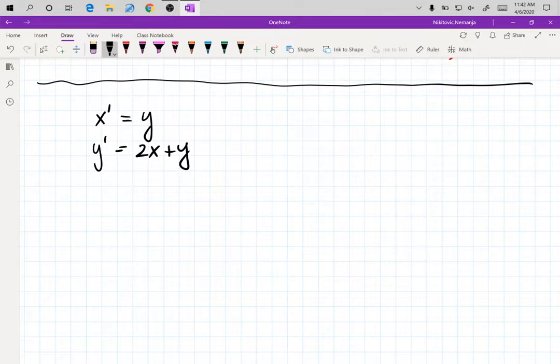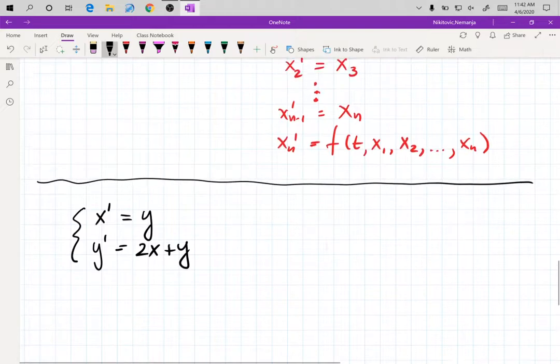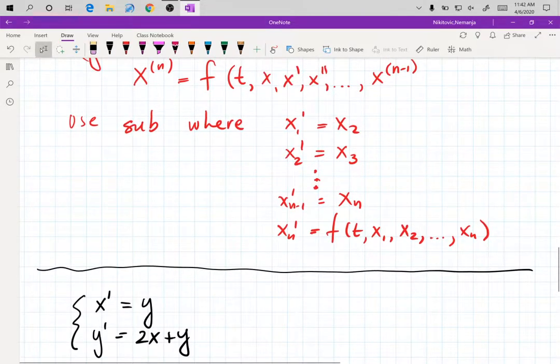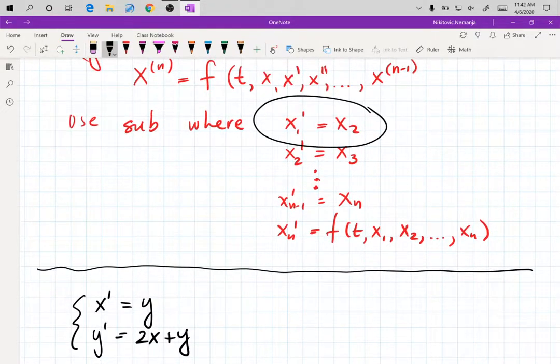So that's a system, right? You can always denote the system using this curly bracket to kind of clunk it together. And if you pay attention over here, look what happened. You took the derivative of one variable and you set it equal to the second variable.